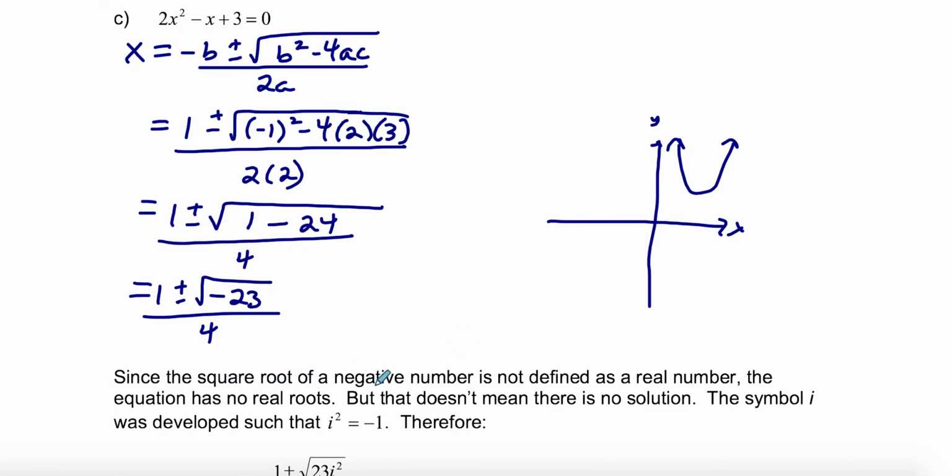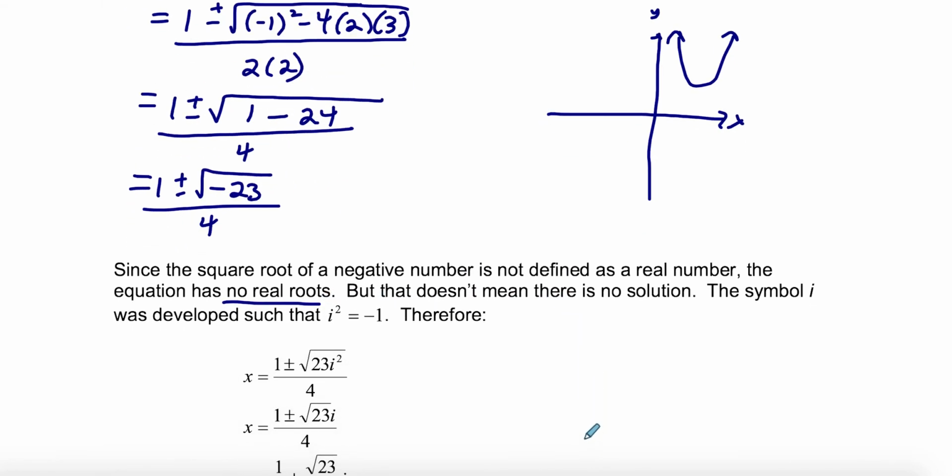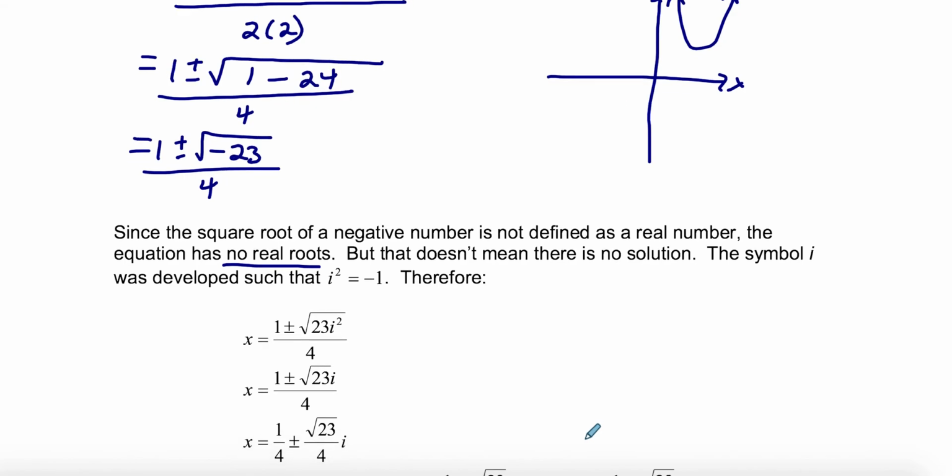So since the square root of a negative number is not defined as a real number, the equation has no real roots. But that doesn't mean there is no solution. So a concept that is just being introduced here in the smallest way, the symbol i is for an imaginary number. So this was developed such that i squared equals -1.